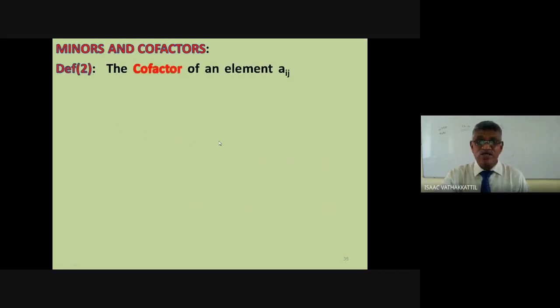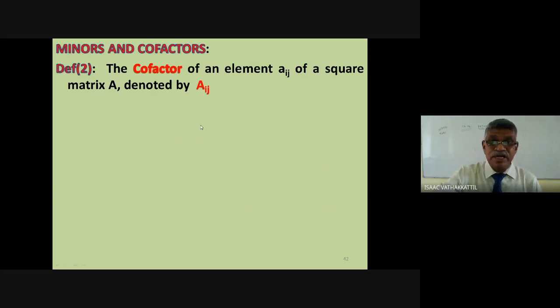Now we go for cofactors. The cofactor of an element Aij of a square matrix A. Remember the notation here: it is not Cij, it is denoted by capital Aij.